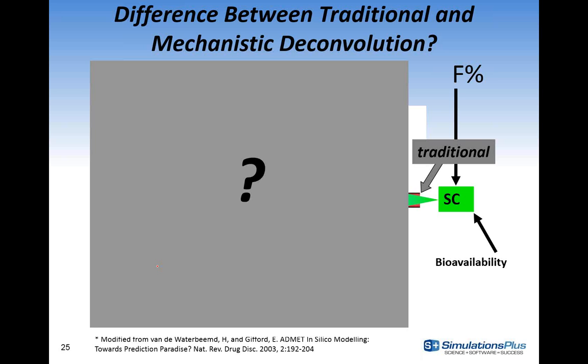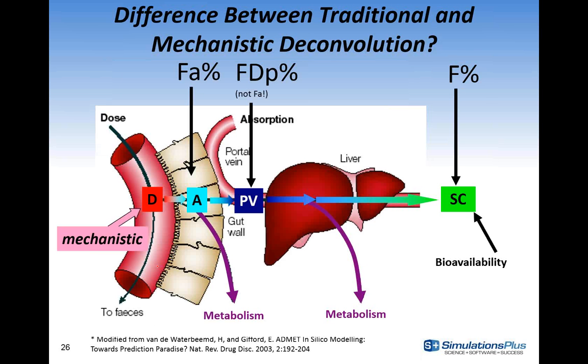This doesn't tell you anything about what the in vivo dissolution rate is, what processes happened in between the drug being dosed and it entering the blood. What we really want to know is what our in vitro dissolution rate is versus our in vivo dissolution rate, so that we can design a dosage form that will hit the correct PK profile. And the way we do that in GastroPlus is by using the mechanistic deconvolution method.